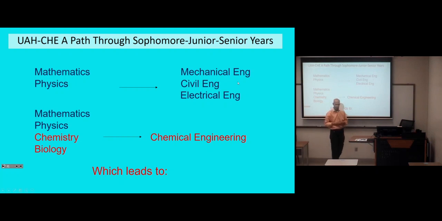We're not trying to make you chemists, but you're going to be dealing with chemical processes, and you have to at least be familiar with the chemistry and the chemical terms behind them. And then more importantly, biology is coming into chemical engineering.